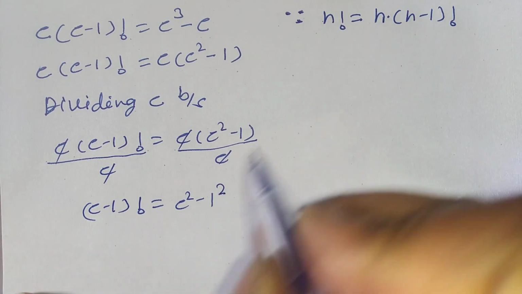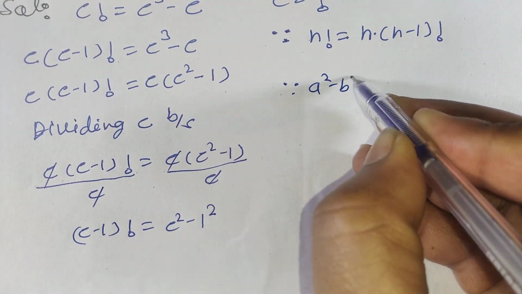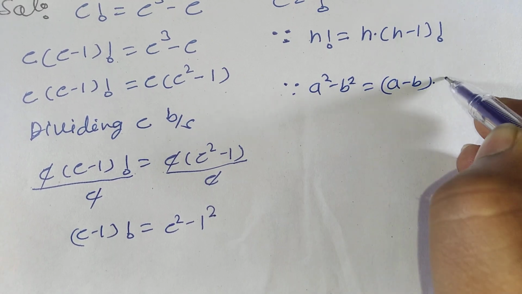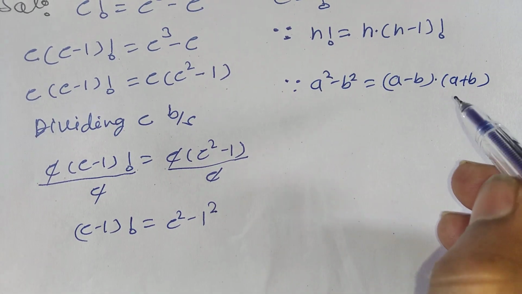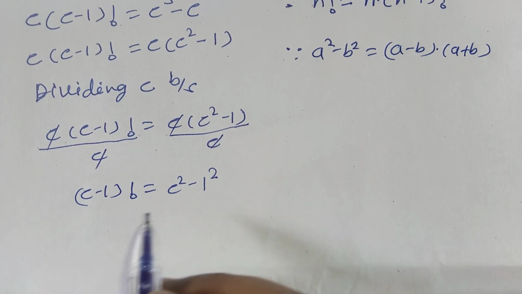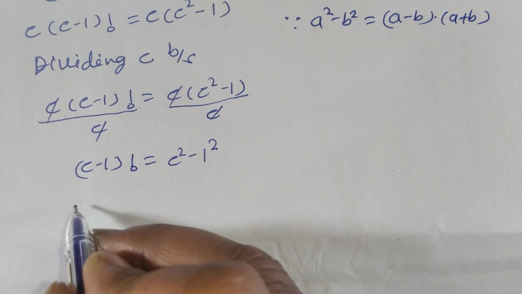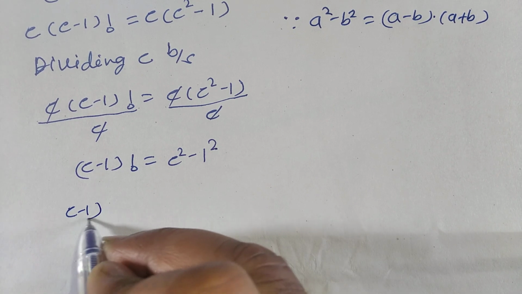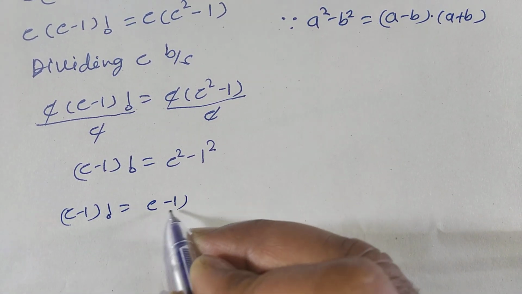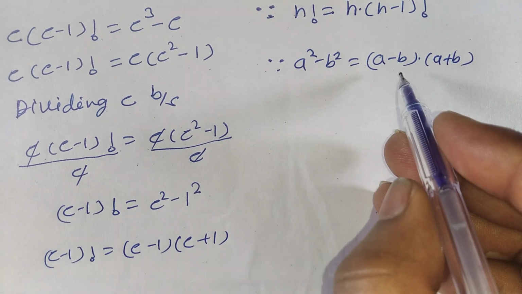We recall a rule: a square minus b square is equal to a minus b times a plus b. Applying this identity here, same as c square minus 1 square, factorial c minus 1 is equal to c minus 1 into c plus 1, as per this identity.